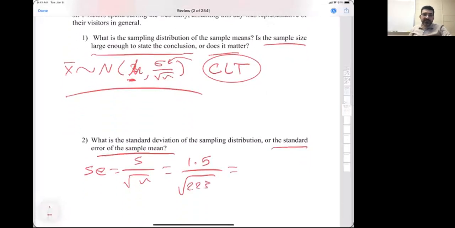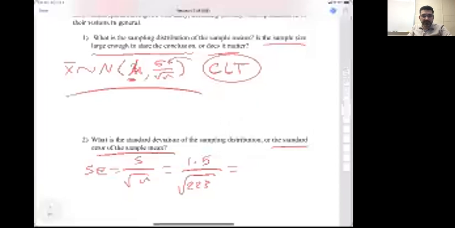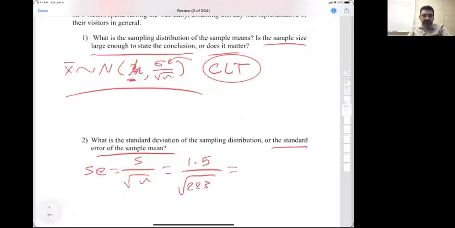So we can find the standard error now. Let me just find it. Yeah, it's 0.1004. So this is the standard error now.